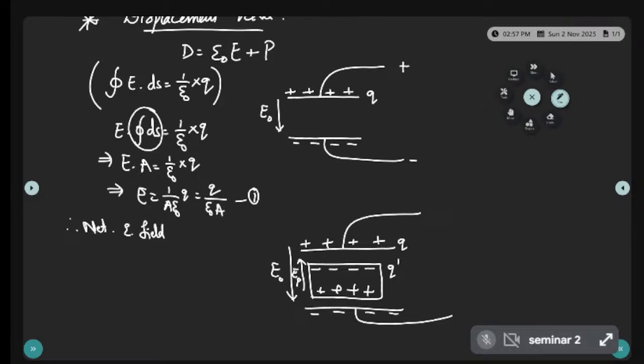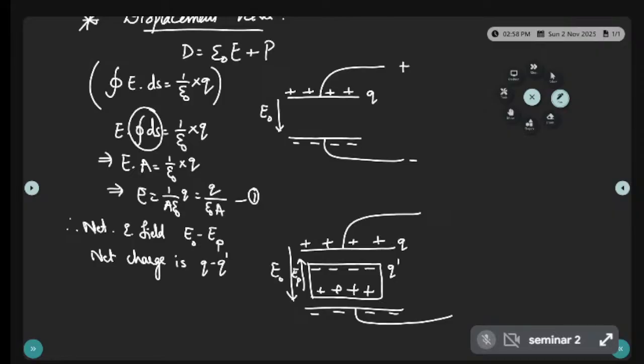E naught minus EP. The induced charge Q prime and the charge on the plates Q are not equal. So, net charge is how much? Q minus Q prime.